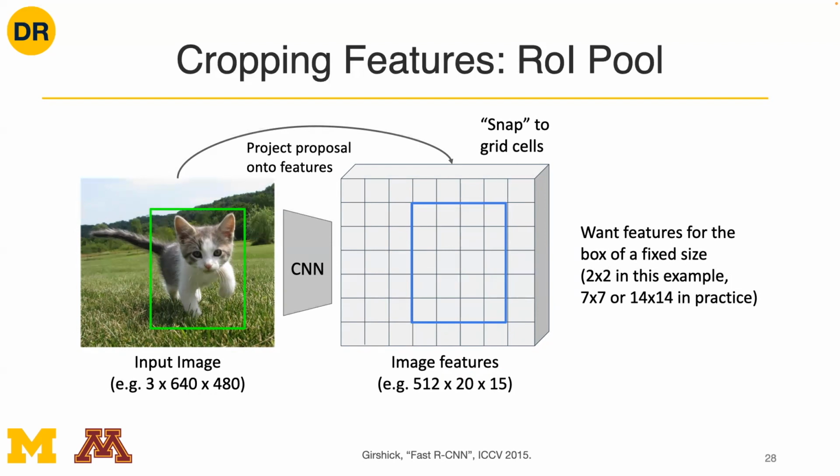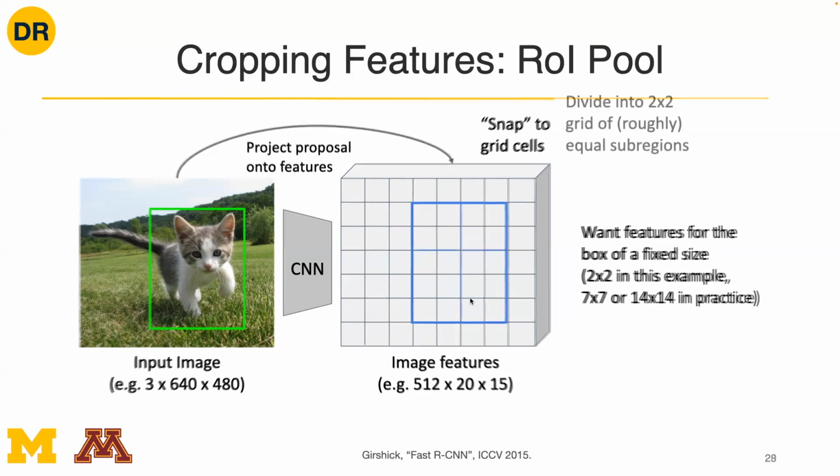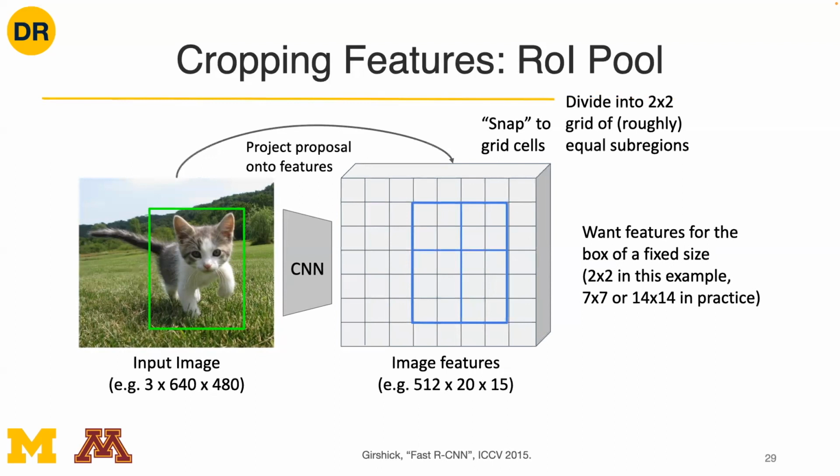So it at least knows that this is a sub window in the feature map that hopefully relates to the region of interest at the pixel level. Other than the rounding, this is the region that maps to the original input region of interest portion of the image. At that point, ROI pool will divide this region of interest, no matter what the shape or size is on the feature map side, into a 2x2 grid.